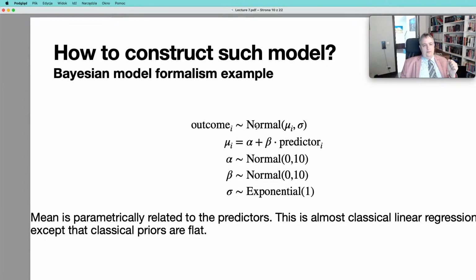In the case of a prior for sigma, of course, sigma has to be positive, so we need to use some kind of asymmetric distribution. And typical choices are either the Jeffreys prior, which is our ignorance. The exponential prior is very good because it's a bit heavier tailed than Gaussian, but it's still rather light tailed and gives us the information.